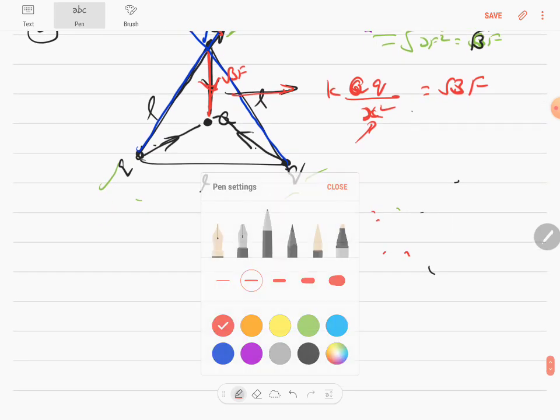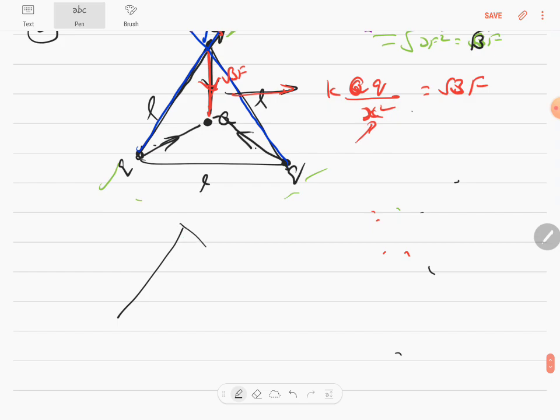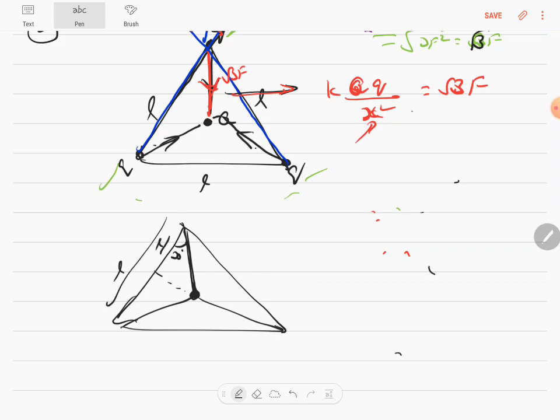So let's come here and learn this. You have an equilateral triangle and this is the centroid, and you want to find this distance. This angle will be 30 degrees. Just construct like this. If the whole length is L, this will be L by 2.